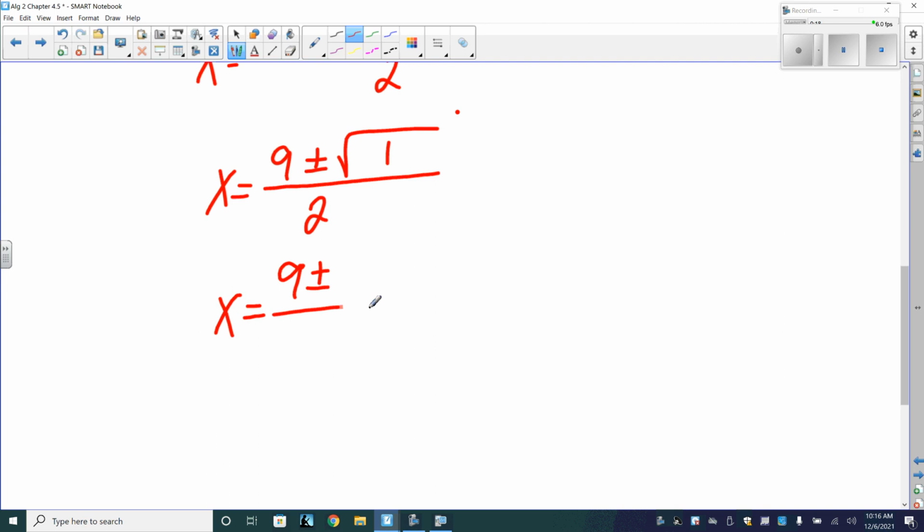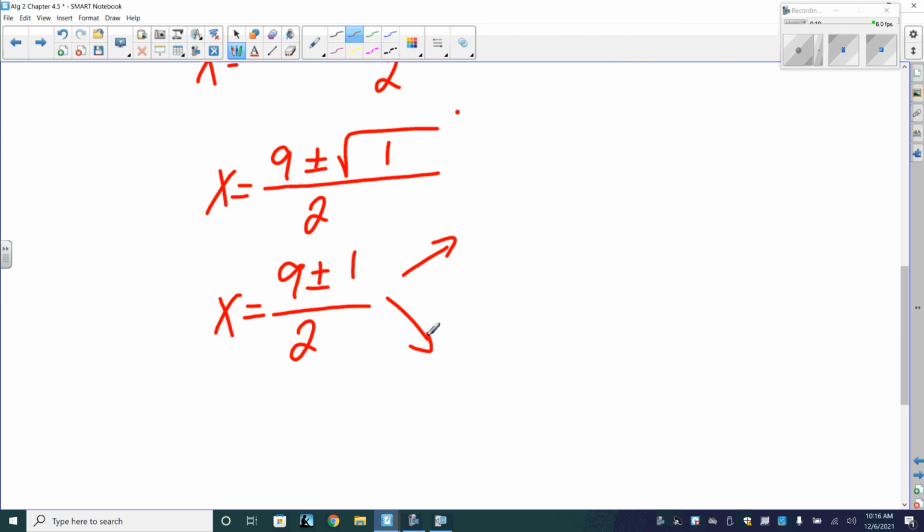Well, hopefully, square root of 1 is 1, because 1 times itself is 1. Luckily enough, any root of 1 will always work out to be 1.